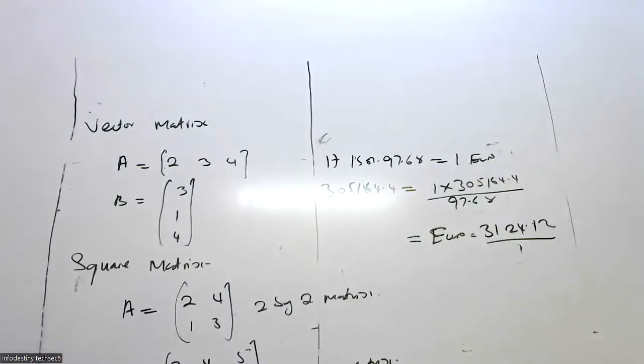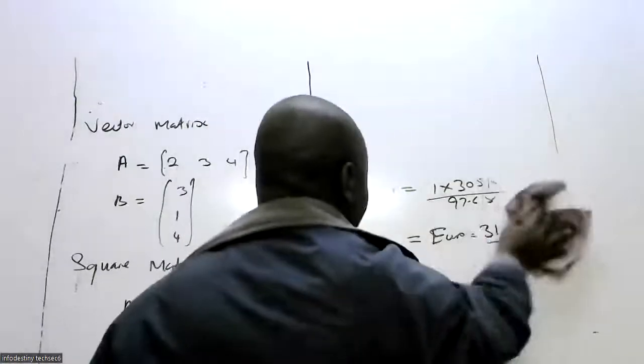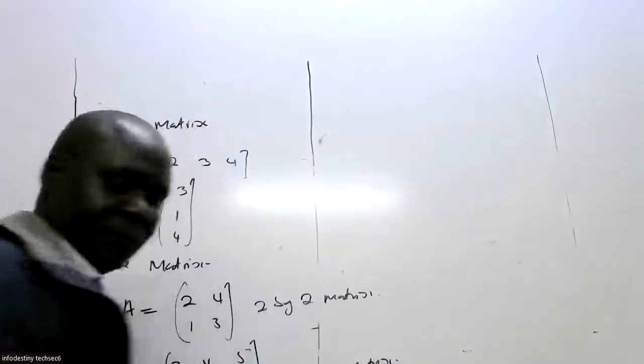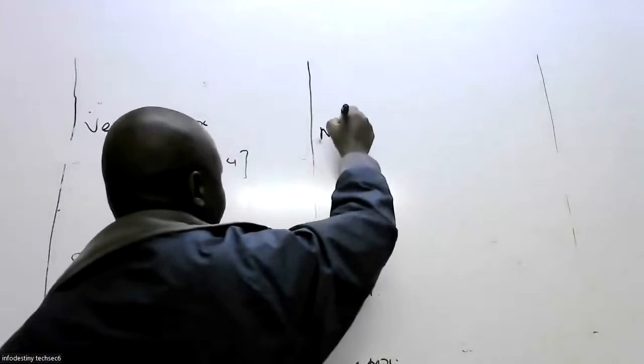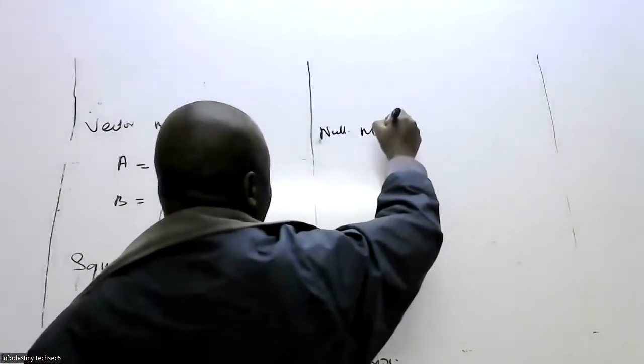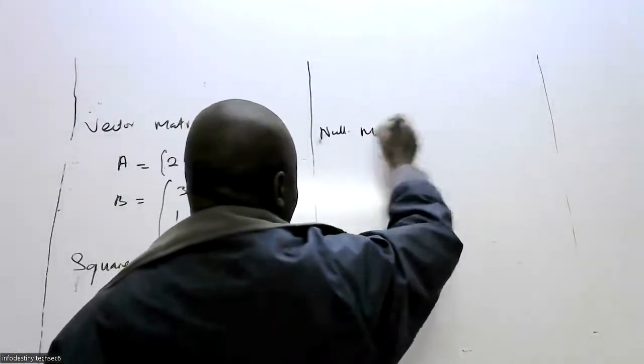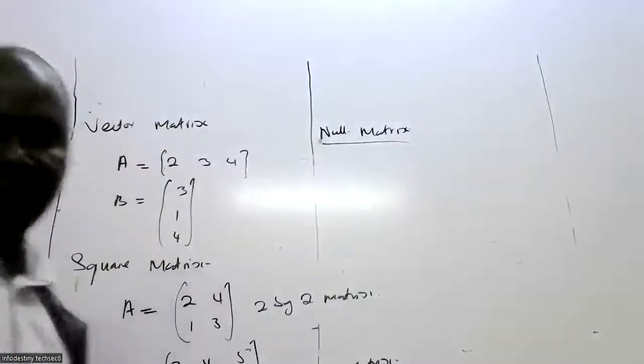Now, the next one we are going to look at is known as the null matrix. What's a null matrix?